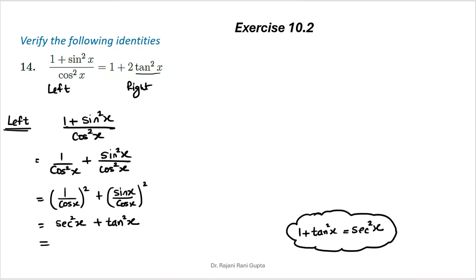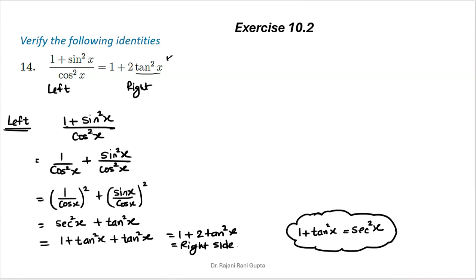In place of secant squared, you write 1 plus tan square x, plus tan square x. This gives you 1 plus 2 times tan square x, which is your right side. And hence proved.